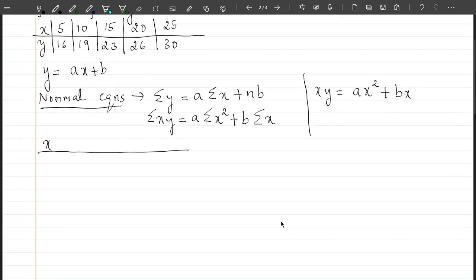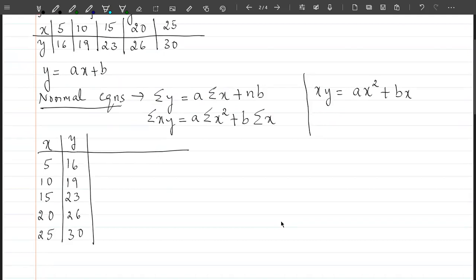So x values here are 5, 10, 15, 20 and 25. Then the values of y are 16, 19, 23, 26, and the next value is 30.